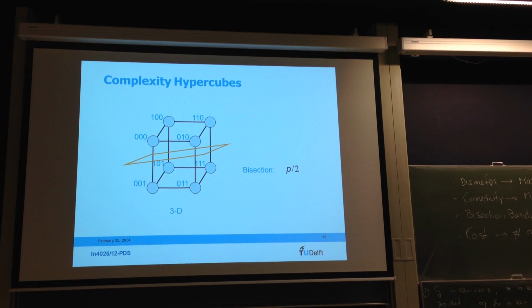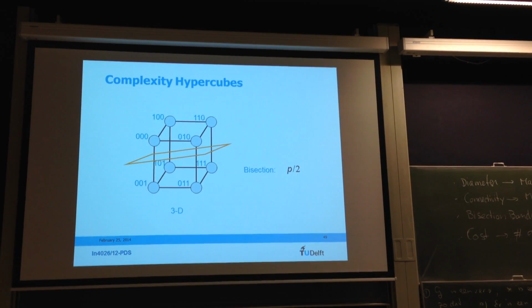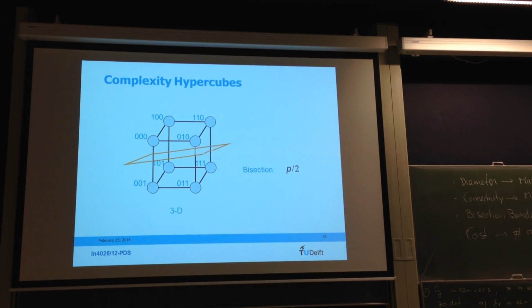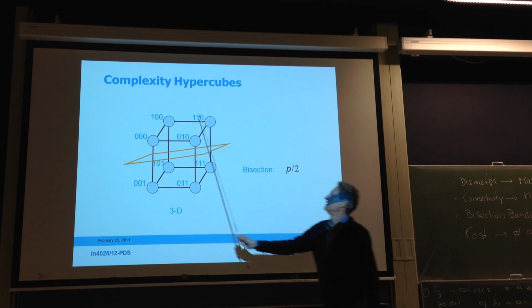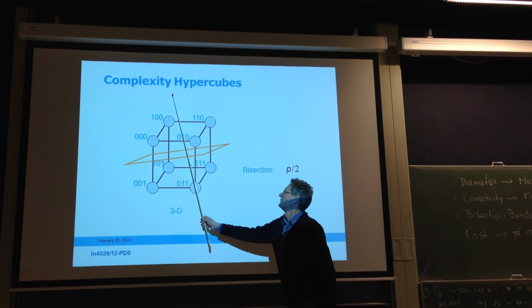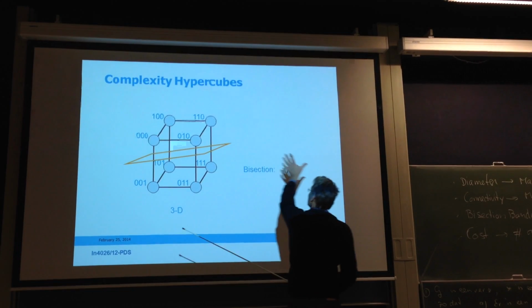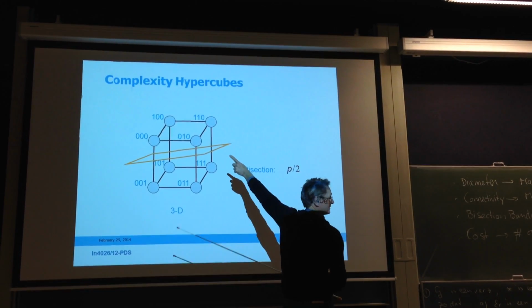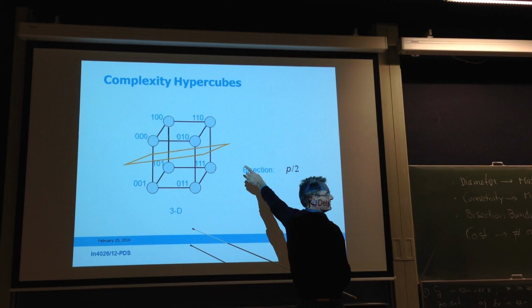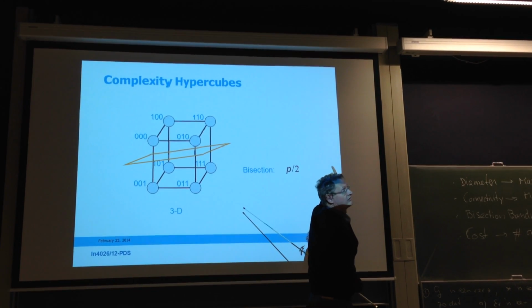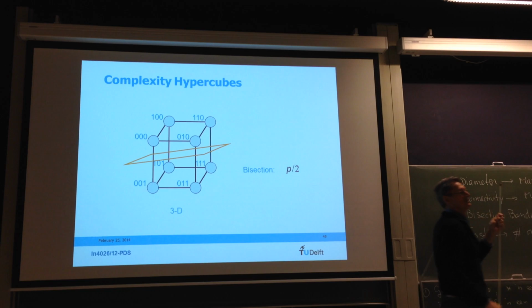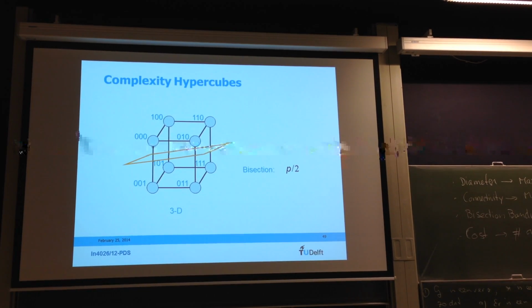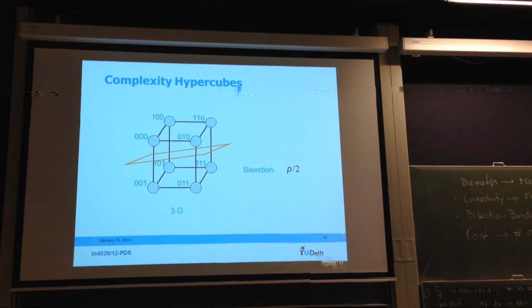It's p divided by... Why? Because if you double the dimensions, you get another one, and every processor in this plane has a connection to a processor in the other one, and it regards p divided by 2 processors on each half, right?